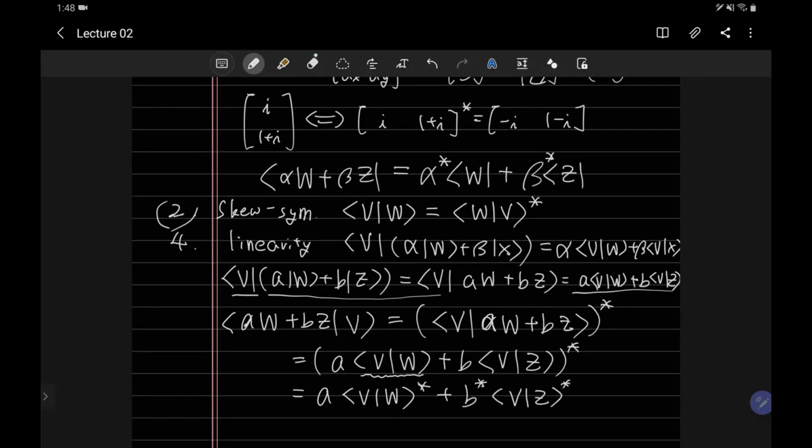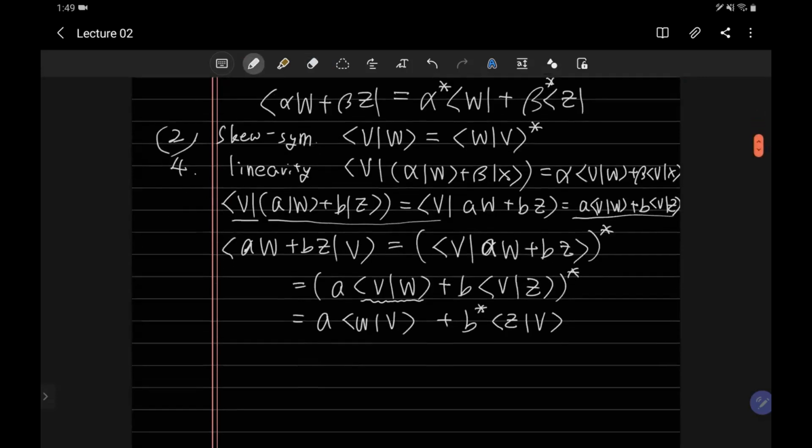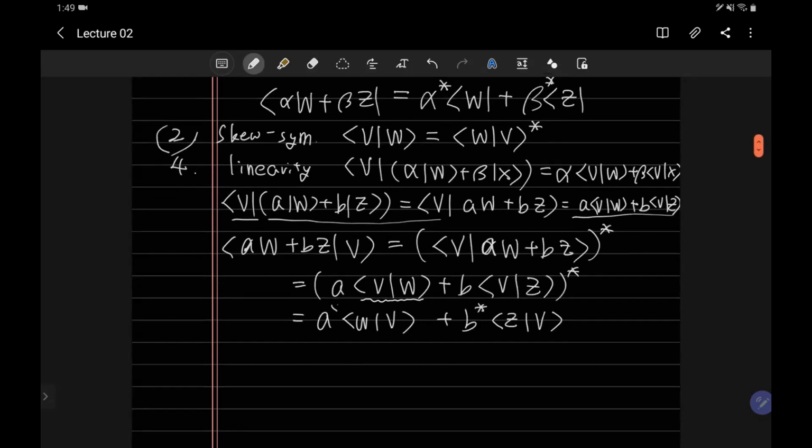However, now we can even simplify this situation because by applying the skew symmetry one more time, we can say that they should be changed like W and V, and for the same situation, this one can be exchanged with Z and V. Of course, we can just stop here. Oops, I forgot to have the complex conjugation here. But now we have a common ket vector.